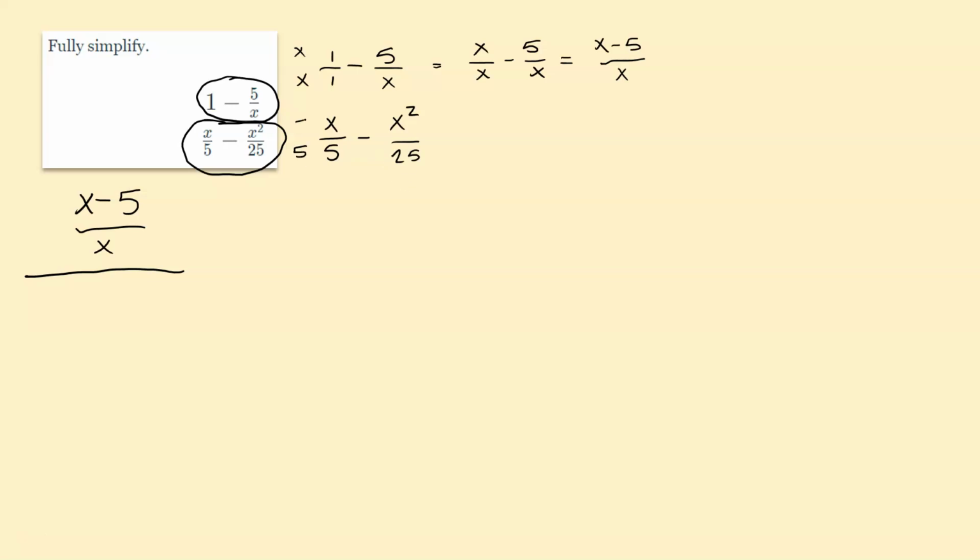We'd have to multiply this fraction by 5 over 5 to get that. So that would be 5x over 25 minus x squared over 25. Now we have a common denominator, that's 25. So 5x minus x squared over 25 would be what we have once we combine them.